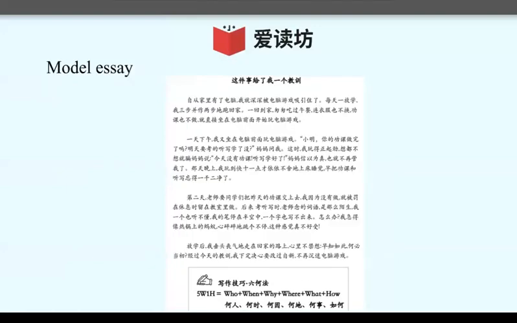After that, we will go through the model essay. We can learn the structure of it. You can see that the structure is even, and there are many ways to write the time of the composition. The most common ways are chronological order, 顺序, and flashback, 倒叙.